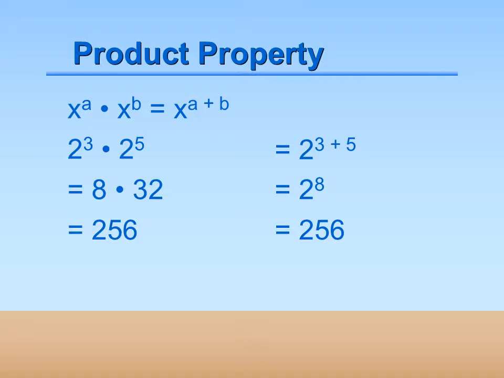Instead of plugging 2 to the third times 2 to the fifth into my calculator, I first do 2 to the 3 plus 5. 2 to the third is 8, and 2 to the fifth is 32, and 2 to the 3 plus 5 is 2 to the 8th. Well, 8 times 32 is 256, and 2 to the 8th power is also 256. So it does work. We just proved that the product property works.